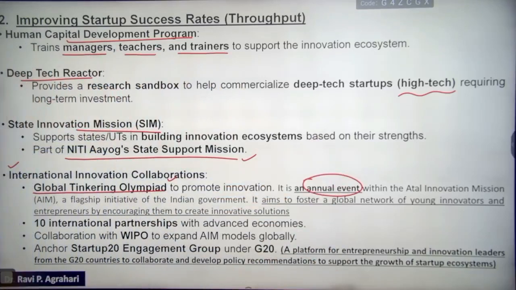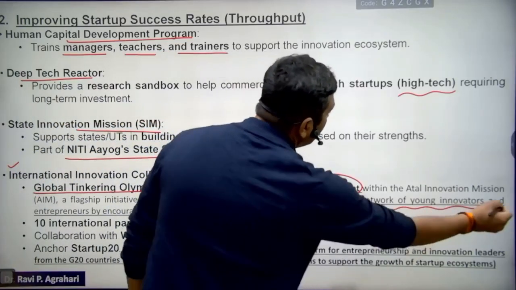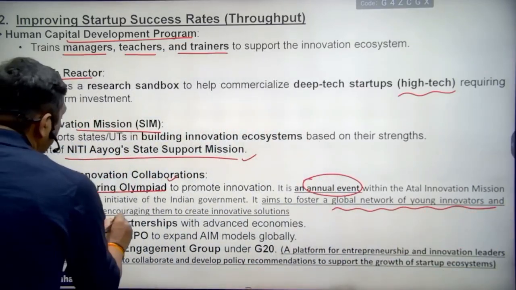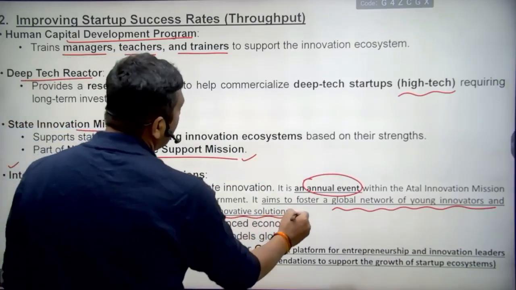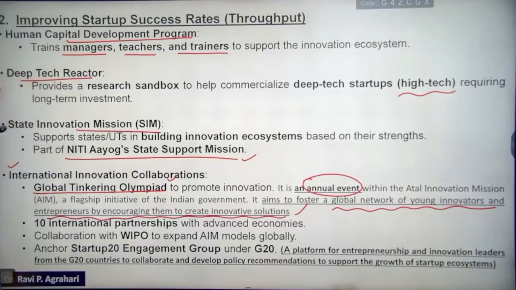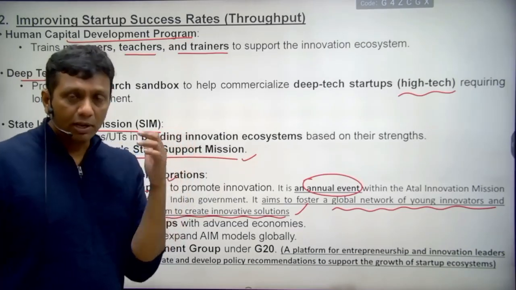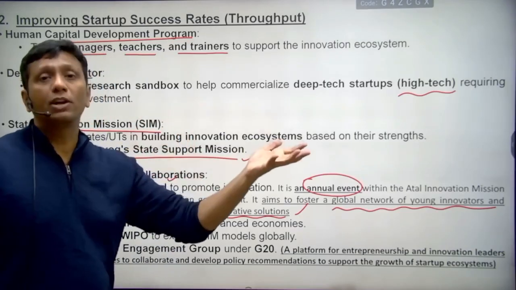In this case, guys, the aim is a global network of young innovators and entrepreneurs by encouraging them to create innovative solutions. So at the global level, the young innovators are meeting here and trying to find solutions to resolve such problems. If any startups are working, they should not just work, they should actually run.